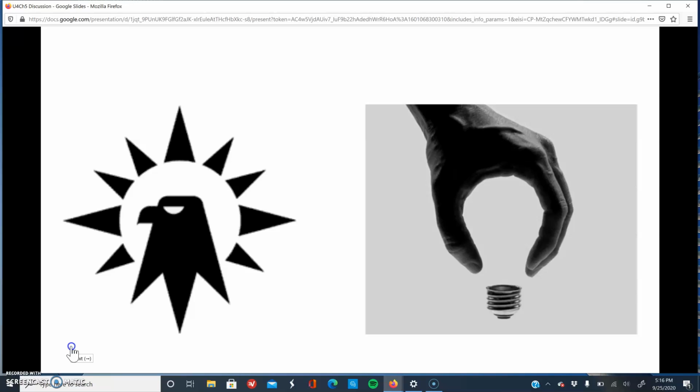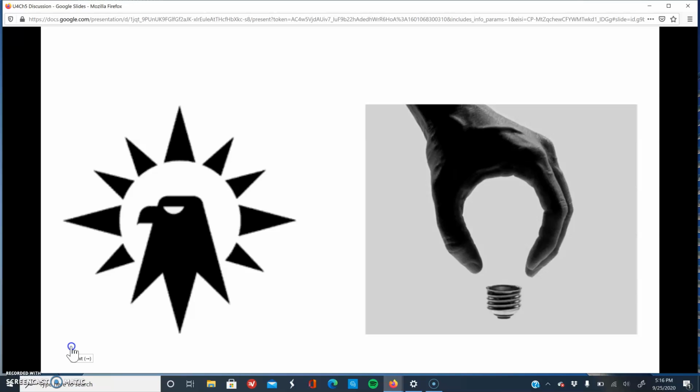The one on the right, the form of the hand, the shape it takes, creates the illusion of a light bulb. And then the one on the left, I'm not sure where it's from. I don't know if it's a logo or not. But you actually have a couple different shapes being completed.